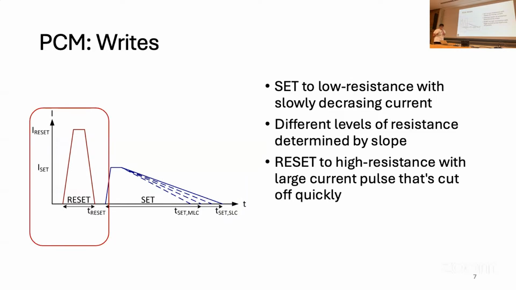And to set it to high resistance, we have to apply a quite high current and very quickly cut it off so that no crystallization occurs, and we end up with a high resistance.